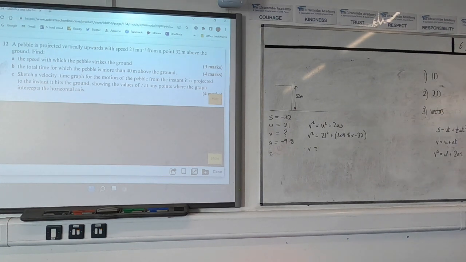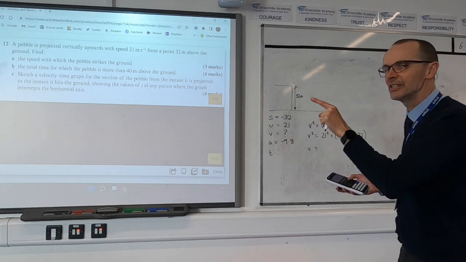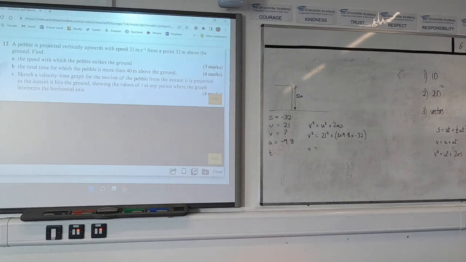Obviously, when you square root, the value will be negative, but actually it says the speed, so that really doesn't have a direction involved, so it'll just be the size of that speed.